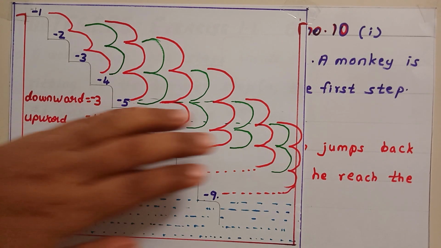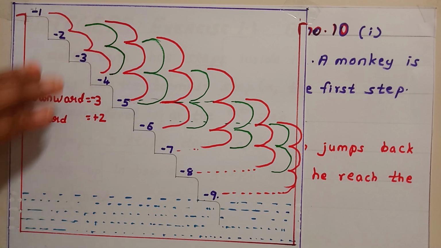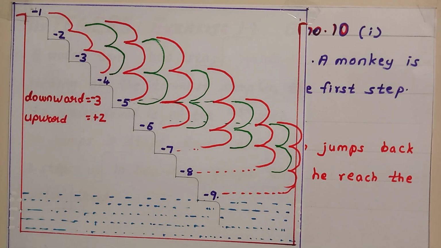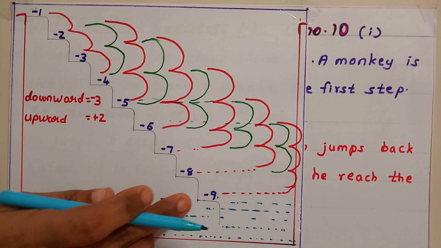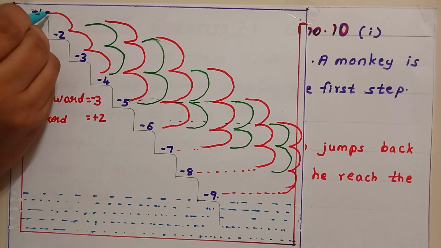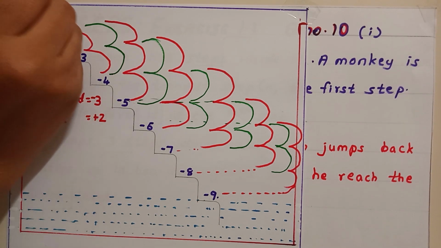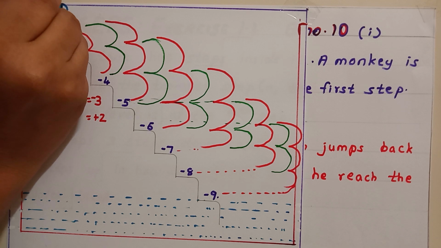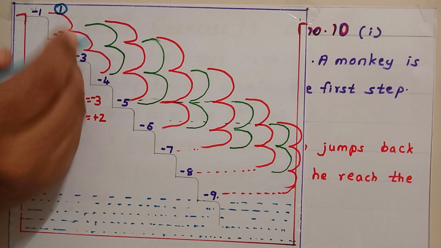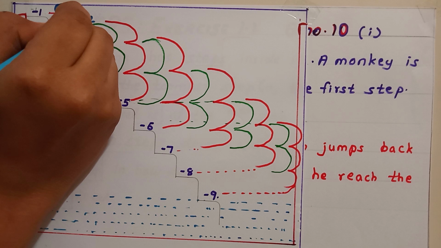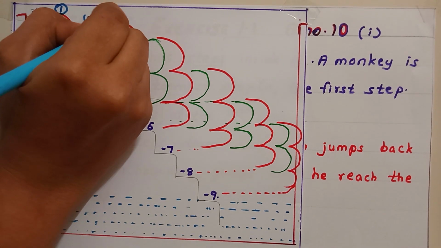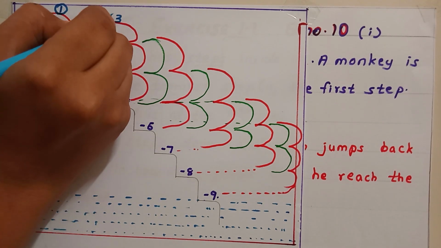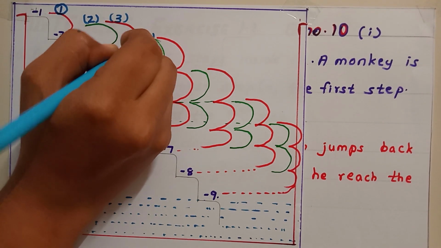So we can count how many jumps are needed. Now we can check how many jumps he needs to reach minus 9. This red color is the first jump, so we mark it by 1. Then green color, next jump, so 2. Then again red color 3. This green 4.